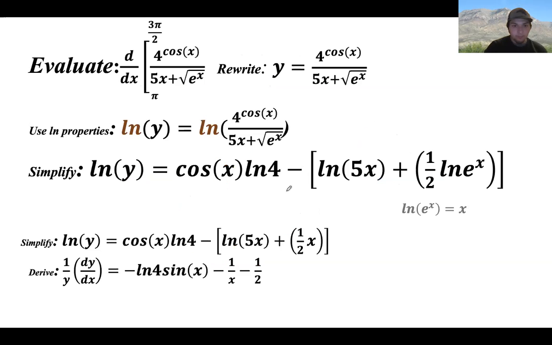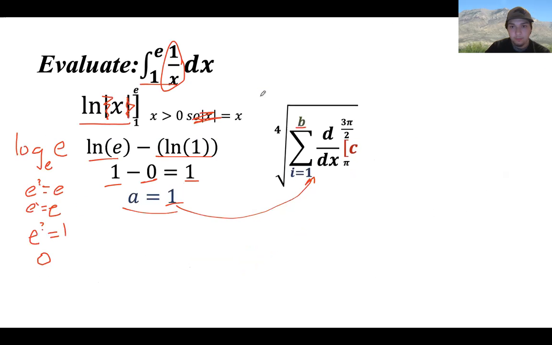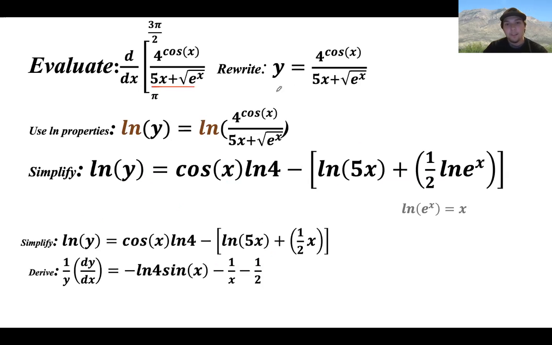So now we need to evaluate part C. You really need to pay attention because there's a lot going on. This is Calc 1 stuff still, but this is a really complicated function right here. So first, we need to write this as a function. y equals 4 to the cosine of x over 5x plus the square root of e to the x.